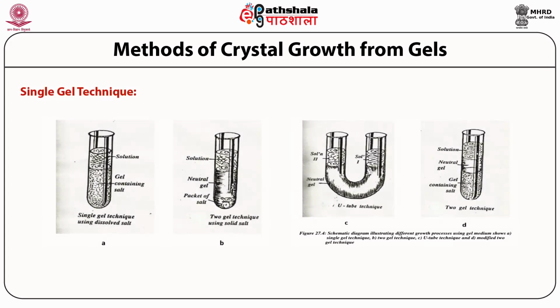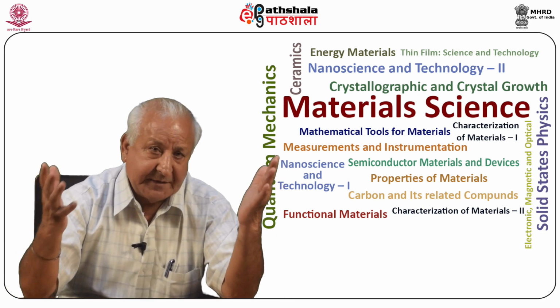Figure 27.4 is a schematic diagram which illustrates different growth processes using gel medium, which shows in A, single gel technique using dissolved salt; B, two gel technique using solid salts; C, U-tube technique; and D shows the modified two gel technique.